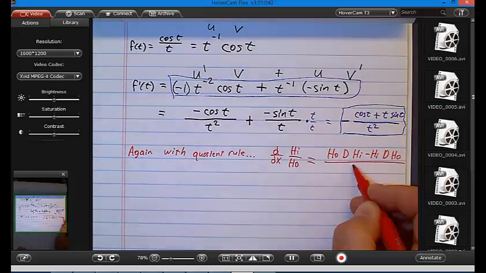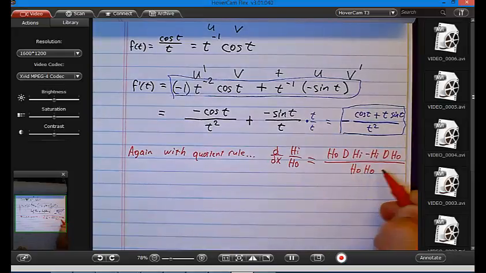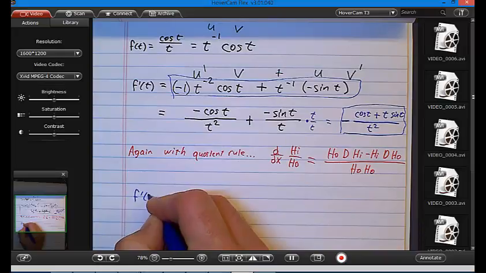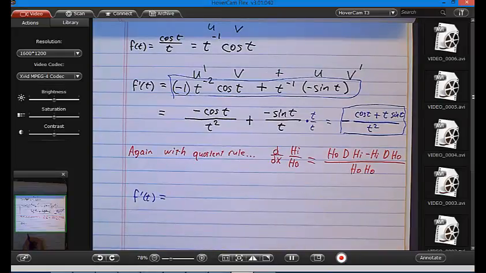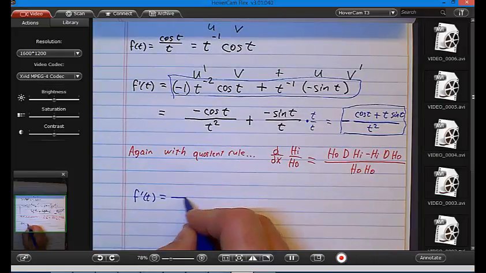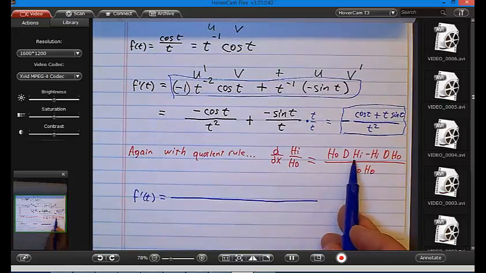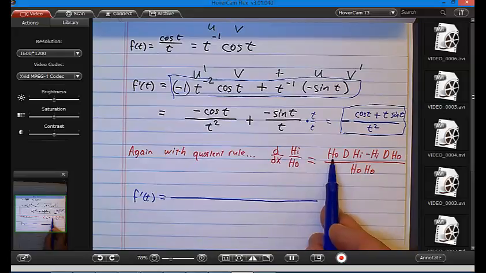We're going to compute f prime of t for the very same problem we just did. And so it's a fraction. And the very first thing we're going to write is ho d high. Ho. So what am I going to write where it says ho? t. Okay. D high. What's the derivative of cosine of t? We know it's negative sine of t.